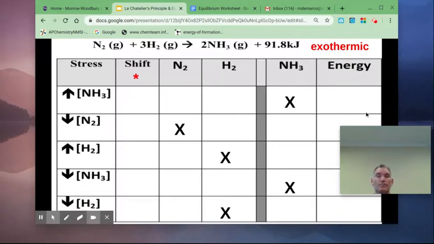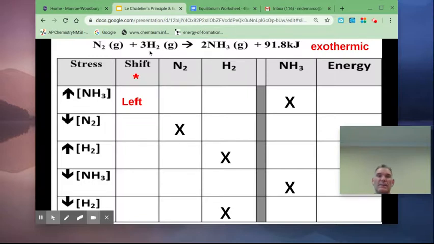So first, stress. I'm adding NH3. So the first thing I have to do is find out where NH3 is. NH3 is on the right-hand side. It's a product. Add shifts opposite. So I'm going to shift to the left side, which is the opposite side. Again, add opposite. I'm adding on the right.